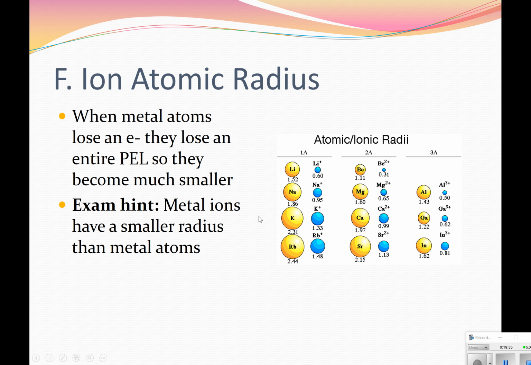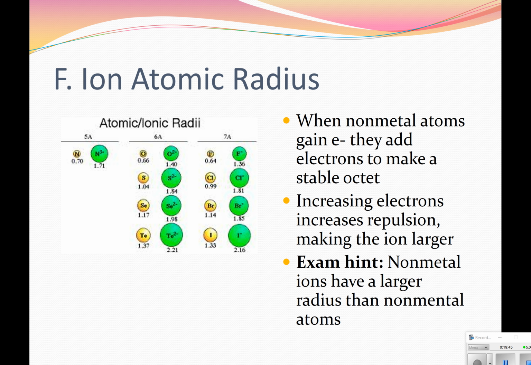Now, metal ions have a smaller radius than metal atoms, and that's a trend that is consistent and something that you want to make sure that you remember. And since it is the periodic table and very trendy, it is going to be true in the opposite sense for anions.